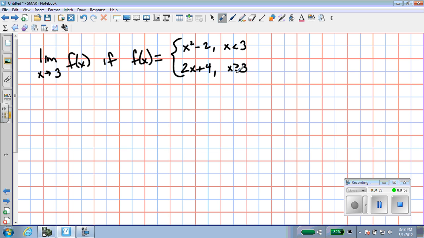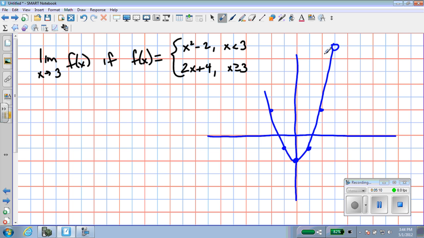So if we look at the piecewise graph, let's see, x squared minus 2, so down to 1, 2, 3. If I plug in 3, this should be at 7. And a parabola has nice symmetry. So the shape of the parabola, stopping right here.